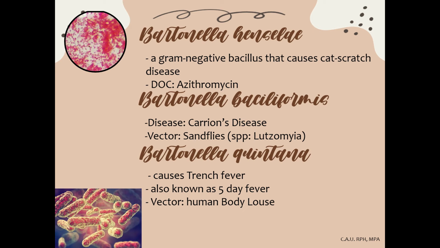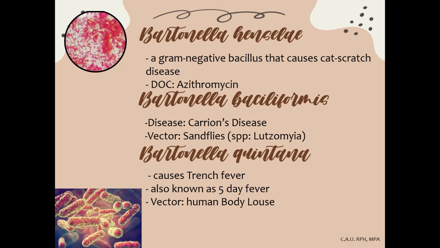But the presence of cat fleas is definitely a requirement for the infection to be maintained among cats. Henselae multiplies in the digestive system of the cat flea and survives for several days in flea feces. Cat claws then become contaminated from flea feces.